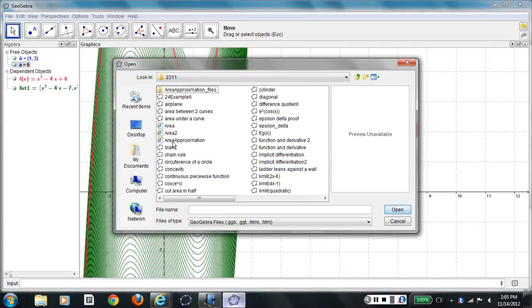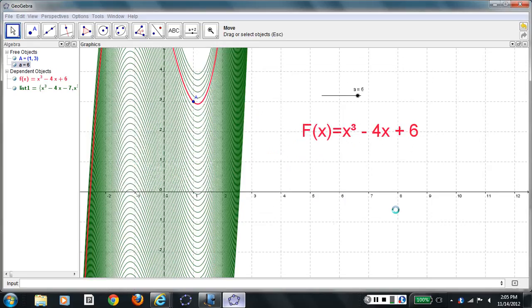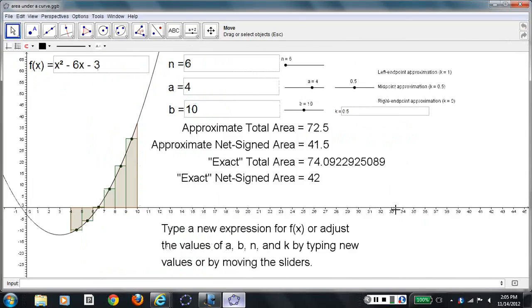I wonder what's the best one. Area under a curve, that's probably the best one. Hope this works. We need to tell it how many intervals. Let me do something that doesn't dip below the x-axis for now.